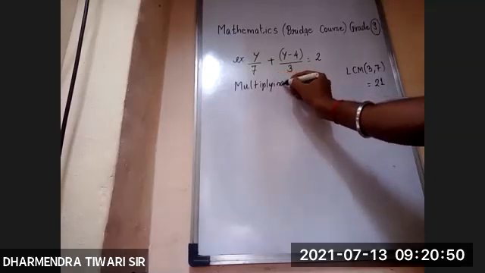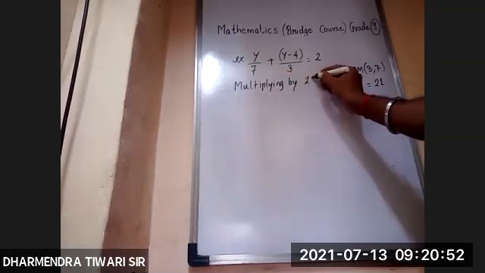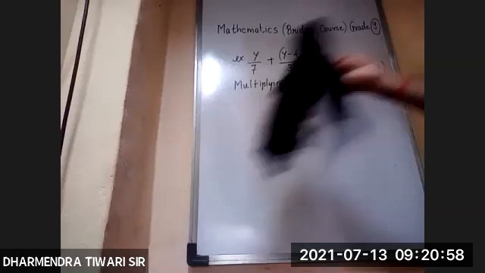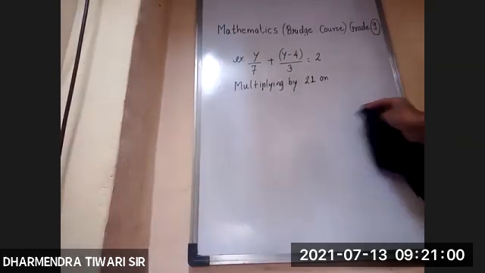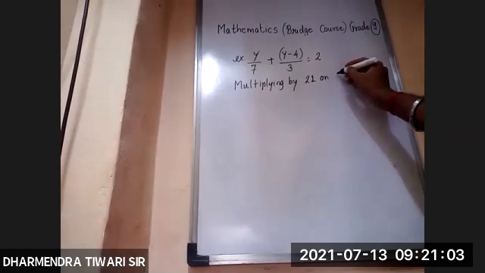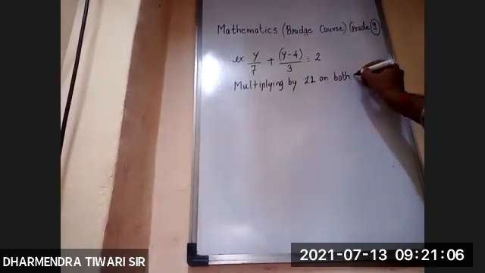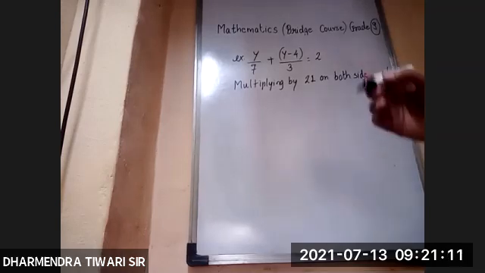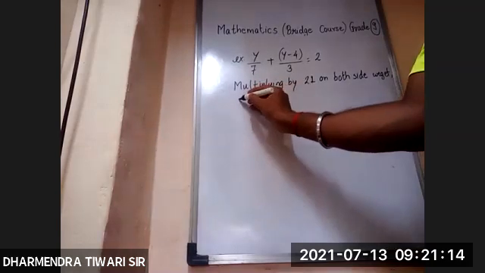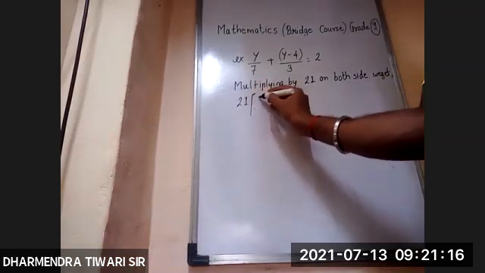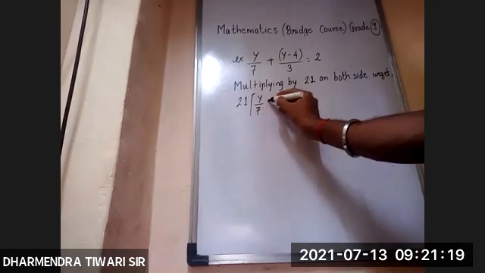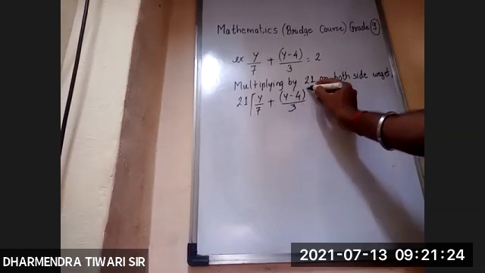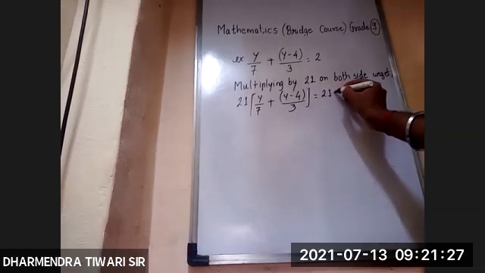Multiplying by 21 on both sides, we get 21 into y by 7 plus y minus 4 divided by 3 is equal to 21 into 2.